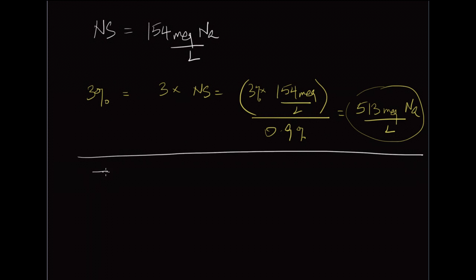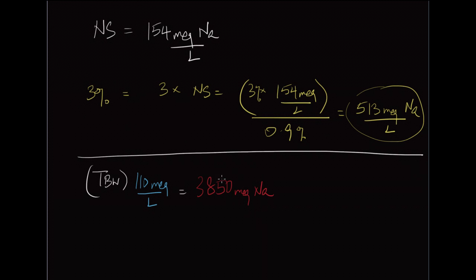And that's simply her total body water times her current sodium concentration, which is the 110 milliequivalents per liter. And what we'll get is approximately 3,800 milliequivalents of sodium.